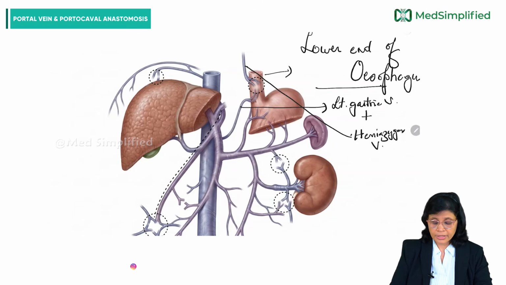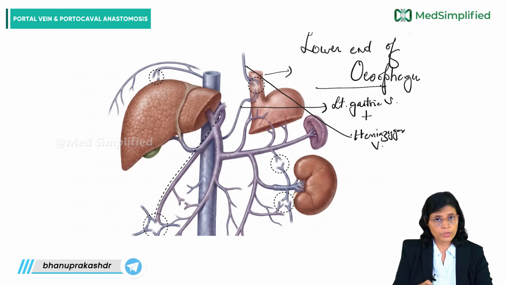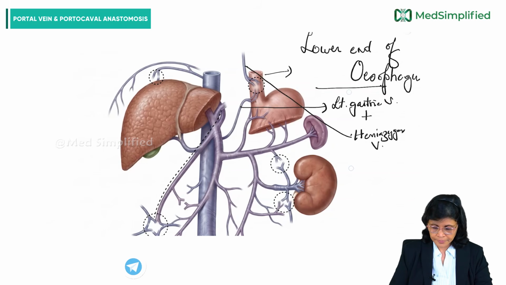So these anastomose at the lower end. The lower end of the esophagus mainly is between the left gastric vein belonging to the portal system and the esophageal tributaries of hemiazygous vein belonging to the vena cava system.